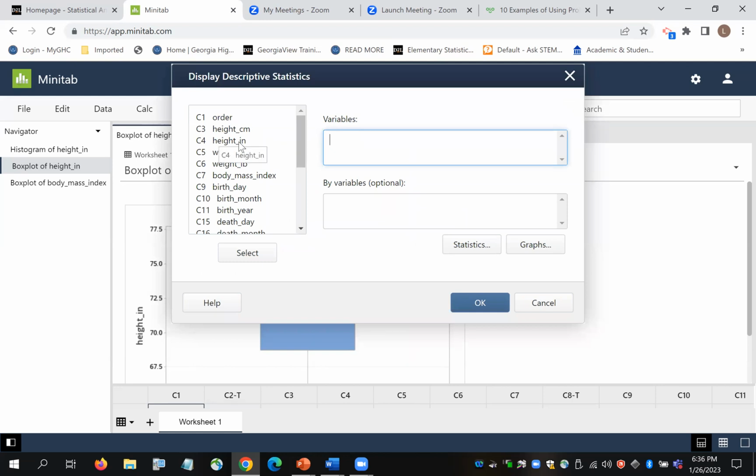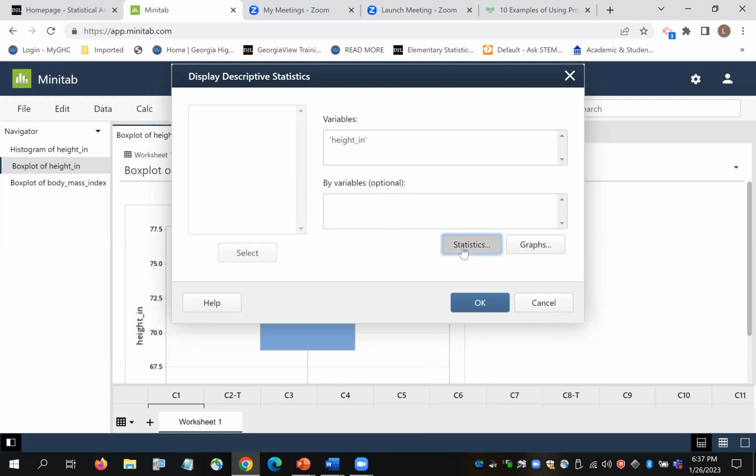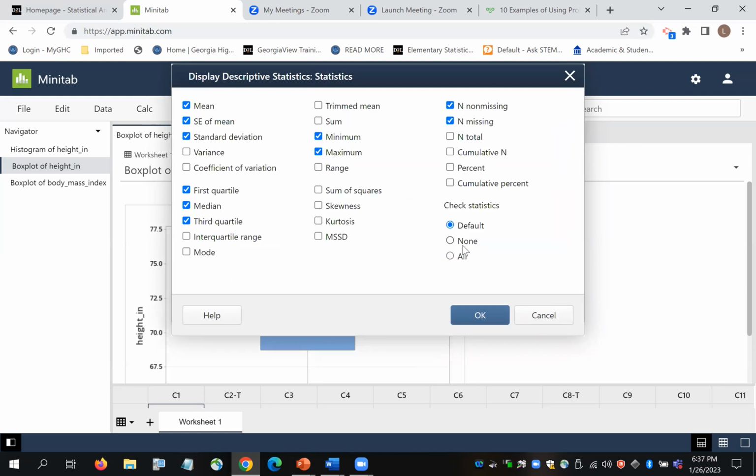And then I have to choose the variable. I'm doing height. And then I go to statistics. I need the mean, the standard deviation, first quartile, median, third quartile, minimum, maximum. And I'm going to have it do N non-missing and N missing.